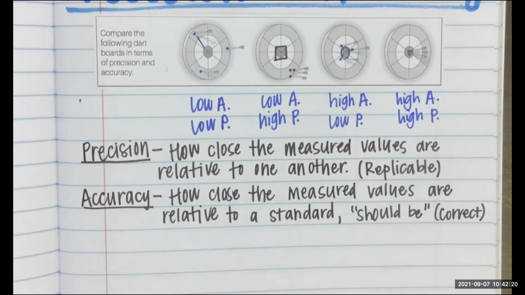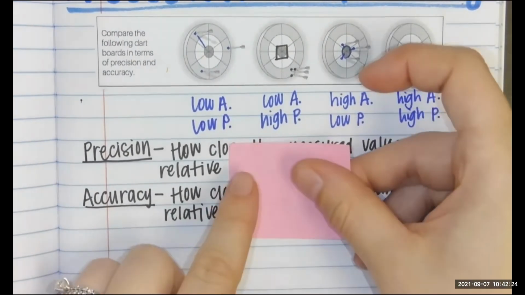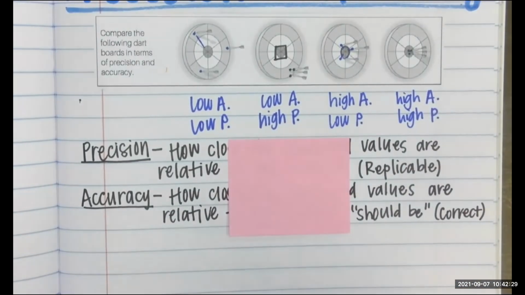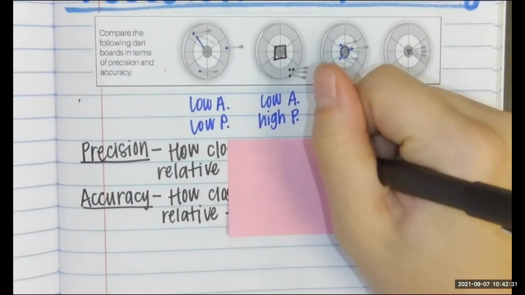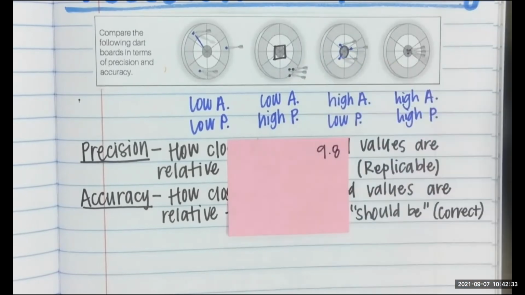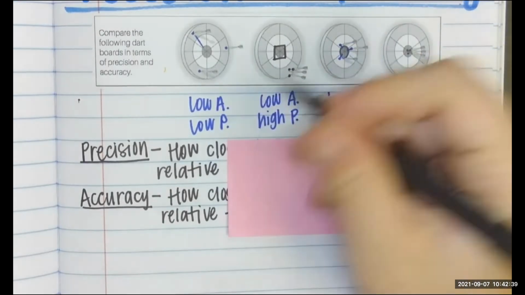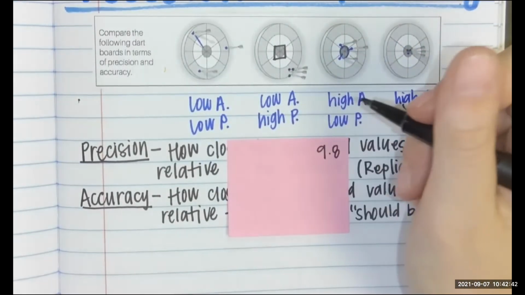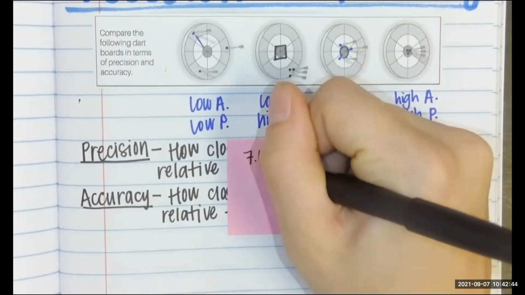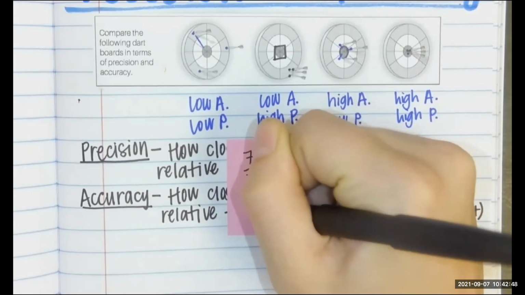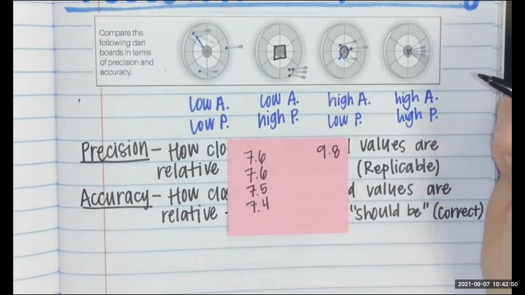So what you'll get on your test, which is next week, by the way, are some data values, and it will say like gravity is supposed to measure at 9.8 meters per second squared. When you perform experiments, you get 7.6, 7.6, 7.5, and 7.4.